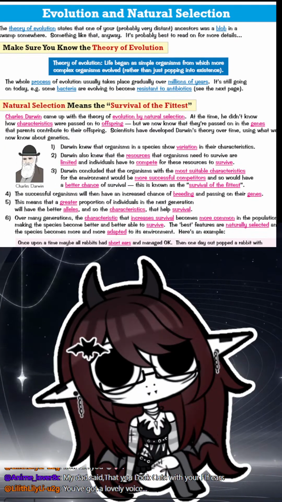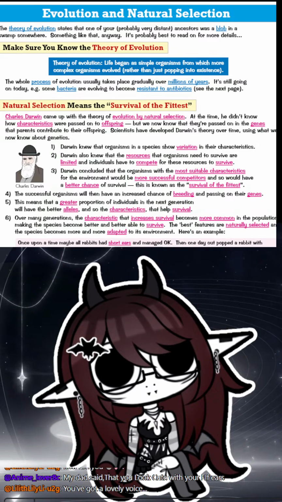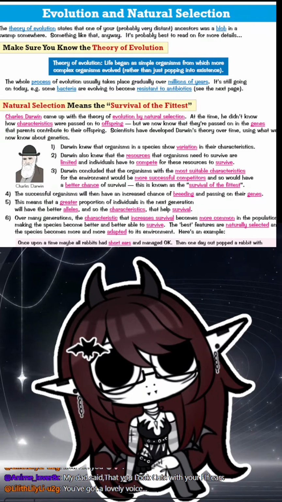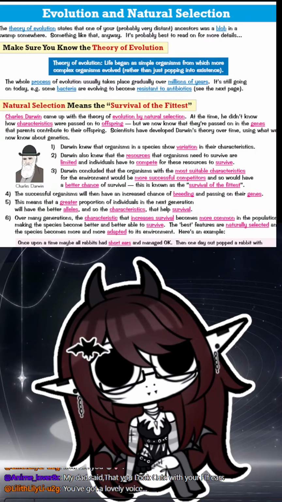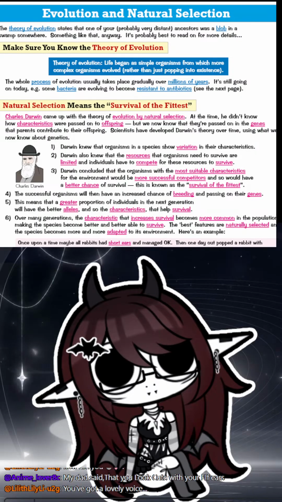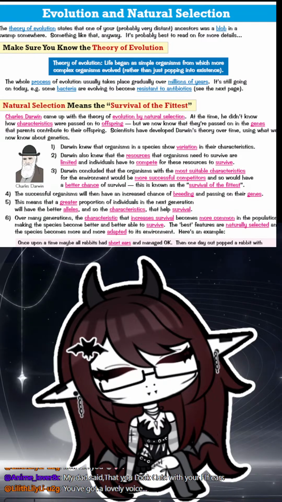Now, let's go on to evolution and natural selection. The theory of evolution states that one of your probably very distant ancestors was a blob in a swamp somewhere. Well, something like that, anyways. It's probably best you listen on for more details. Now, the theory of evolution: life began as simple organisms from which more complex organisms evolved, rather than just popping into existence.